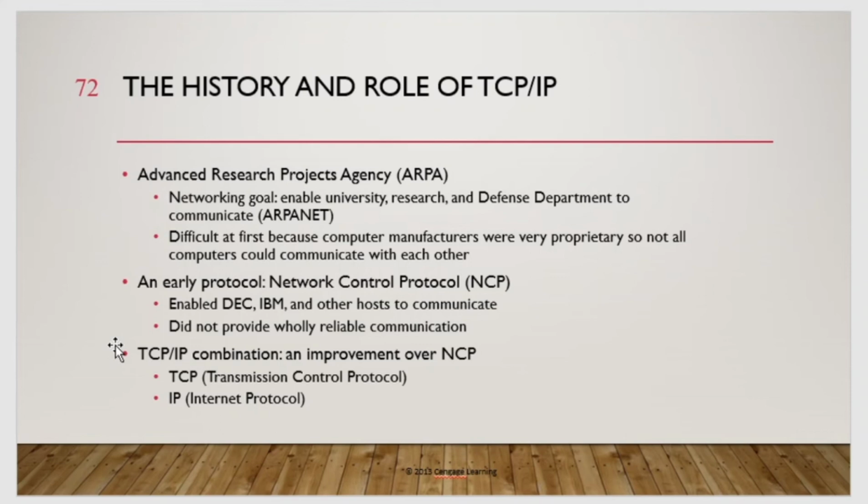Now, after NCP, nagkaroon naman ng TCP/IP, which is a combination of two protocols. It is an improvement over NCP. TCP, which stands for Transmission Control Protocol, and IP, which stands for Internet Protocol. So, these two protocols are now what we know as the universal protocol of the Internet.